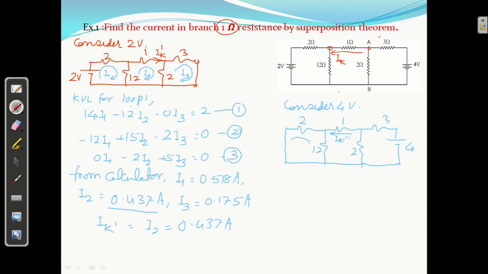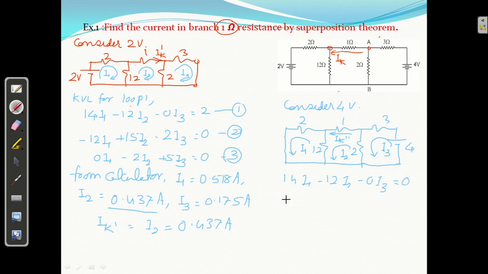I'm taking loop 1 in anti-clockwise direction. Loop 2 I'm taking anti-clockwise direction I2. Loop 3 I'm taking anti-clockwise direction I3. And I'm writing the equation for loop 1, loop 2, loop 3. Loop 1 is 14 I1 minus 12 I2 minus 0 I3 equal to 0.